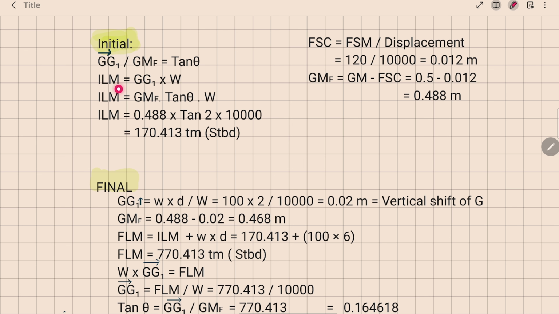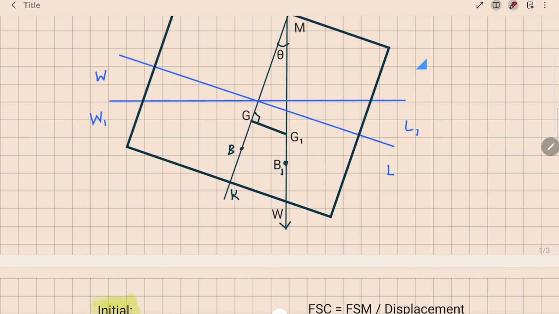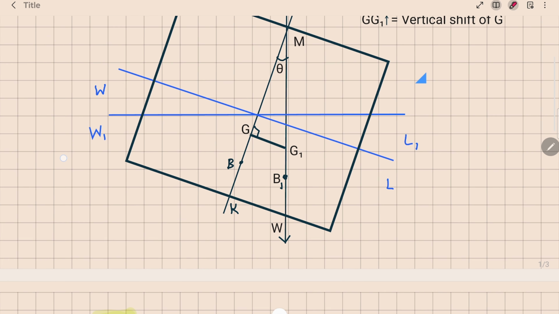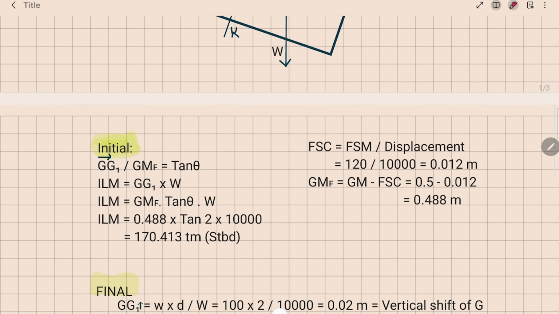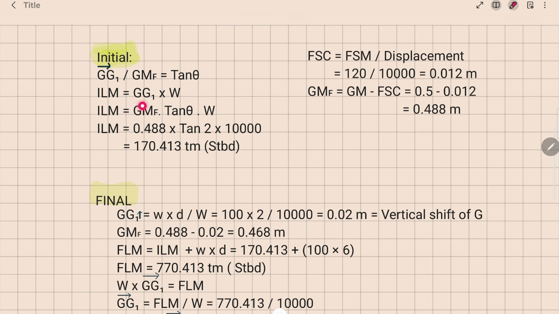Also, listing moment will be displacement W multiplied by horizontal shift GG1. As you can see in the same diagram, this is the capital W, which is displacement from the G1 downward, and GG1 is the horizontal shift of G. So displacement multiplied by this horizontal shift of G from center line, GG1, is listing moment. So what is the initial listing moment?